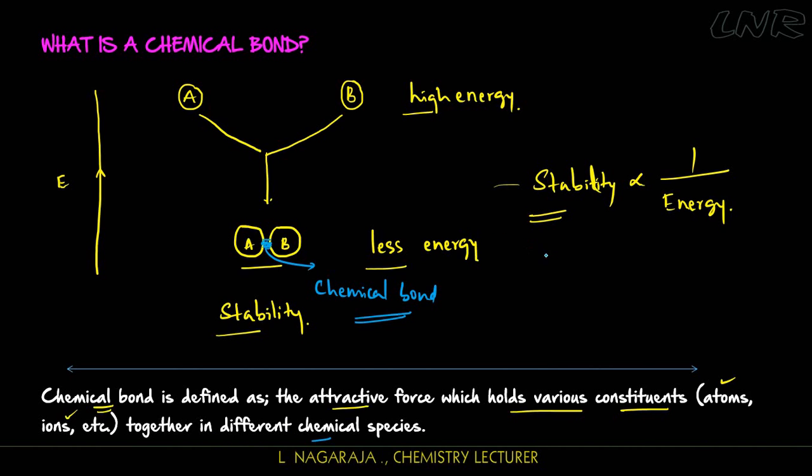In the case of oxygen molecules, between the oxygen atoms there is a certain force of attraction, and in the case of water molecules, between the oxygen and hydrogen atoms there is a certain force of attraction. This force of attraction is called a chemical bond.